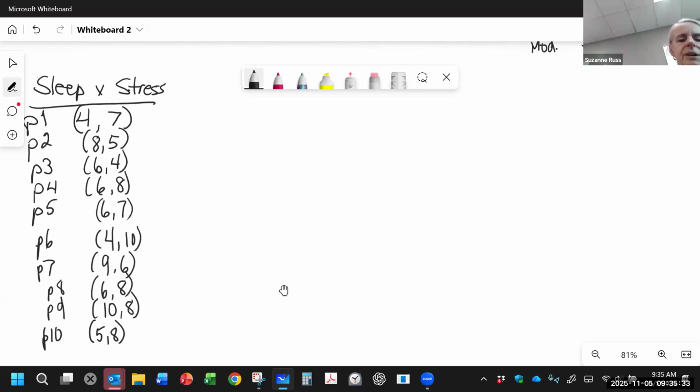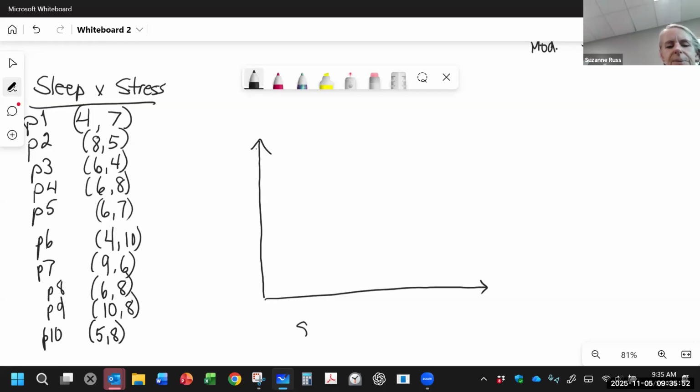But let's go ahead and draw another scatter plot. We'll draw our axes. Once again, because our sleep in this little loose hypothesis I'm forming preceded the stress, we'll put sleep again on the x-axis. And on the y-axis, we're going to put stress.